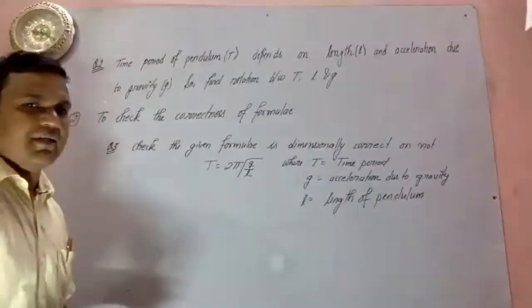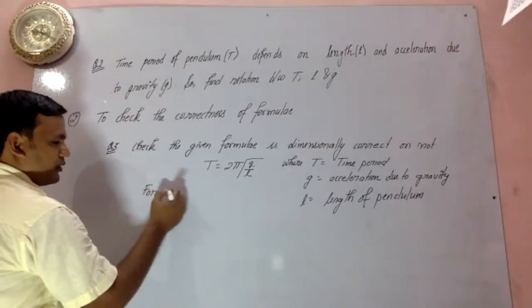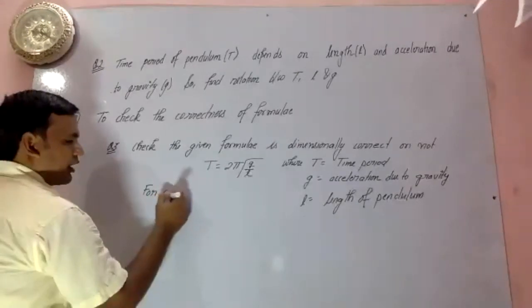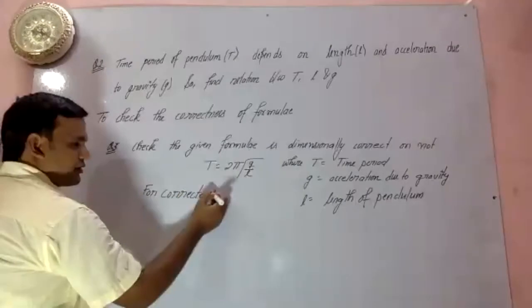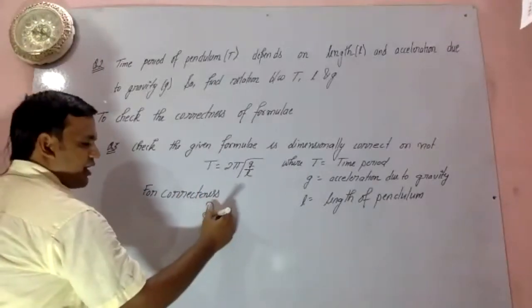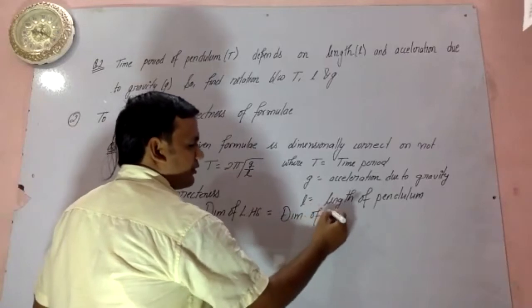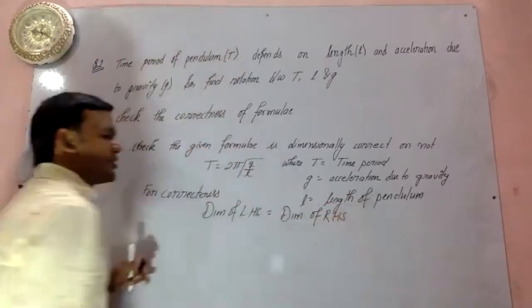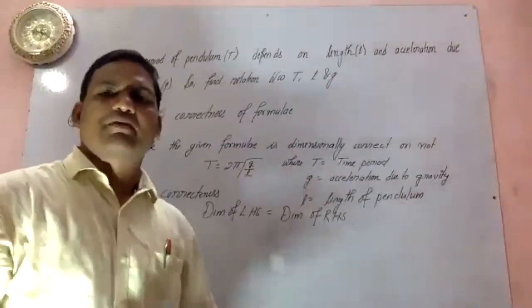So how can it be done? For this, the dimension of LHS should be equal to the dimension of RHS. Okay, dimension of LHS should equal dimension of RHS.